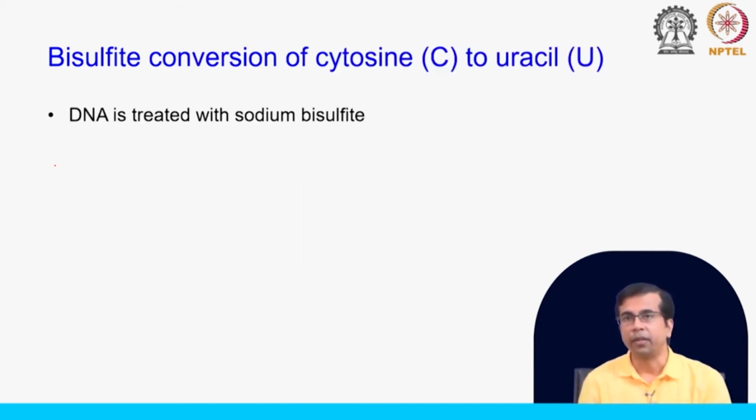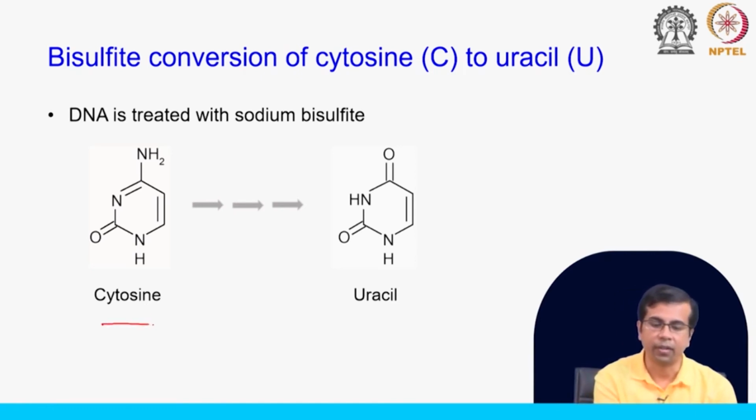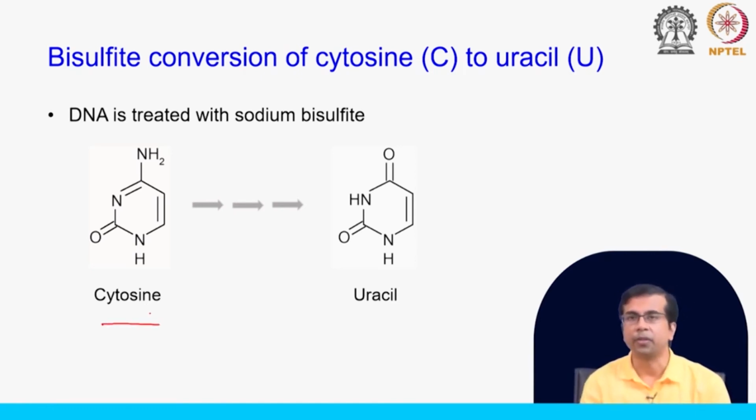Okay. So, the first step in this process is the bisulfite treatment. The DNA is treated with sodium bisulfite. What actually happens is that the cytosine, that is shown in the picture here on the left, goes through multiple steps, of course, I am not going to go into those steps.